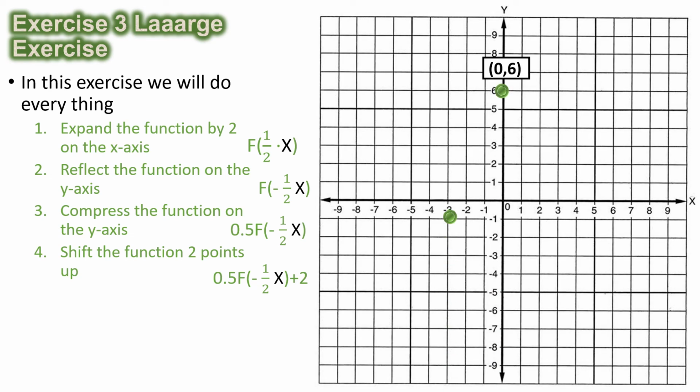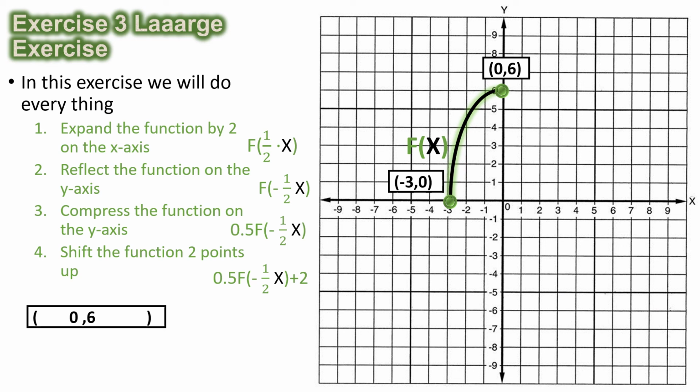Now, this is the function, 0 and 6, and -3 and 0. Okay, this is f of x. Now, what will we do to the 0? Times -2, right? Because 1 over 2 will be inverted. But the negative will remain. Remember that. The negative will remain.